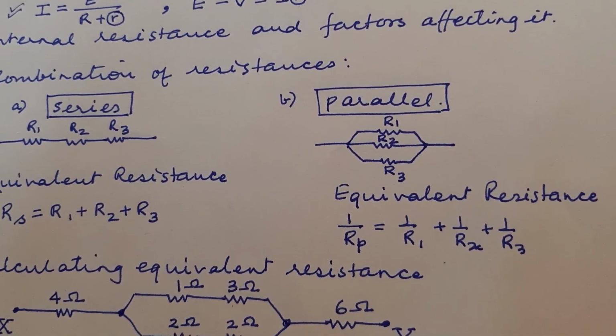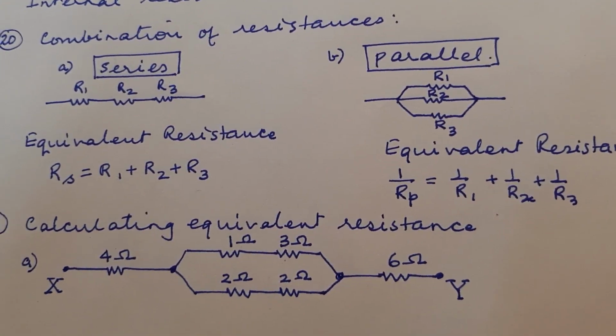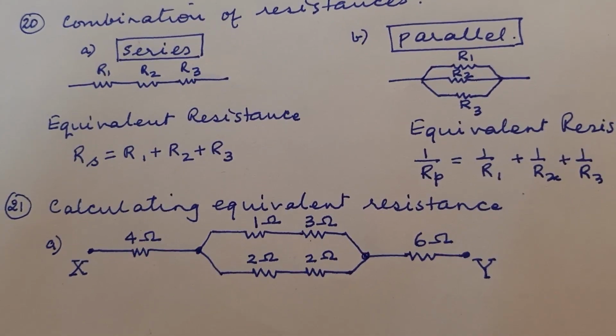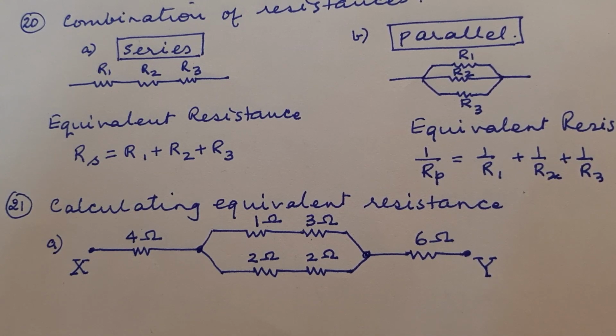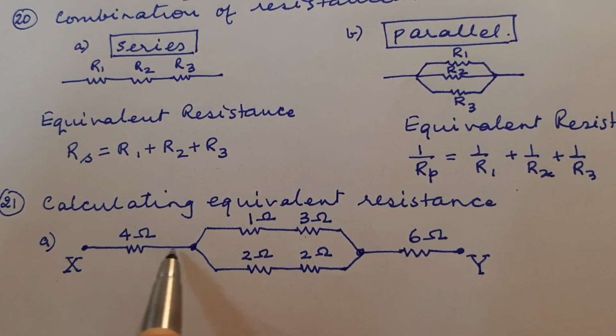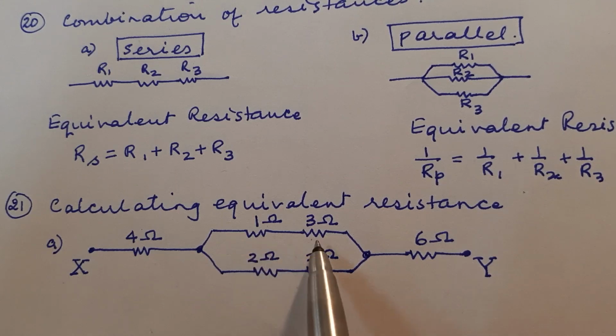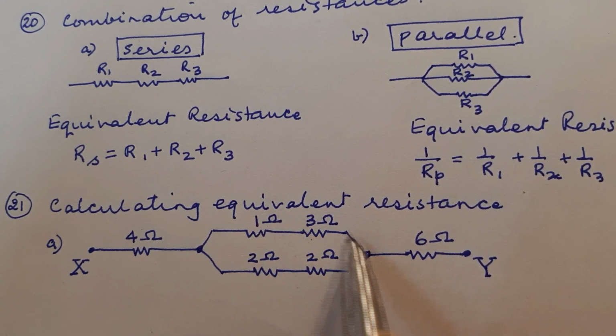Now we come to another one here where we have the simple circuit diagrams where we have to calculate the equivalent resistances. So the first case that we have, case A, between X, you can see this is 4 ohm, and then we can see this line with 2 resistors in series, and this line like so, this is in series, and this line and this line, they are going to be in parallel.